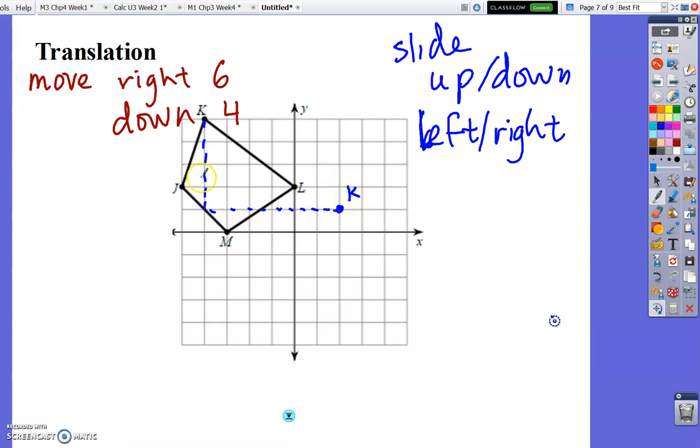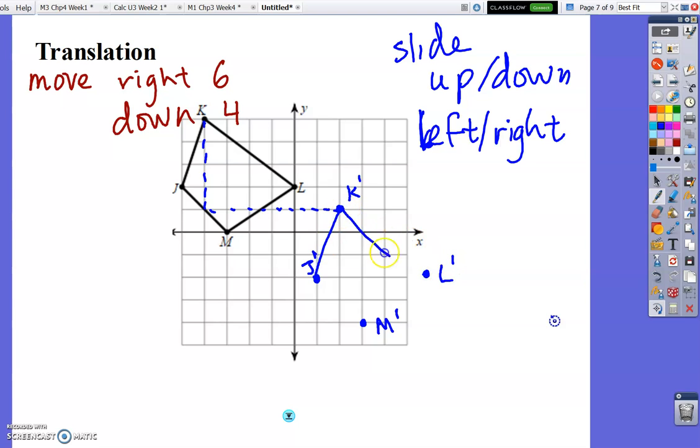So there's K. J down 4, right 6. M down 4, right 6. L down 4, right 6. And I'm out just a little. Sorry about that.